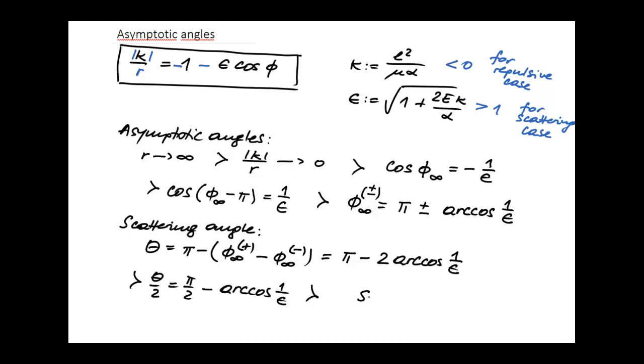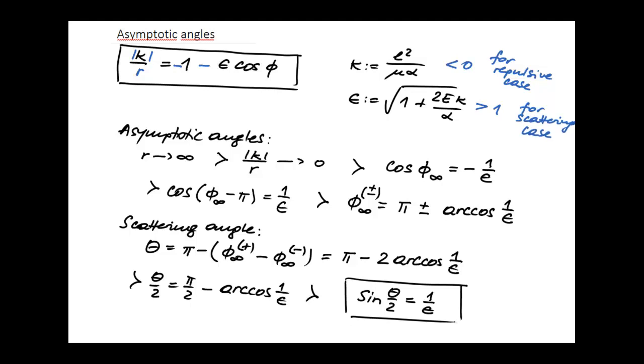We find that the sine of theta over 2 is equal to 1 over epsilon. And so for the Kepler case, we find a very simple formula, a very simple condition for the scattering angle.